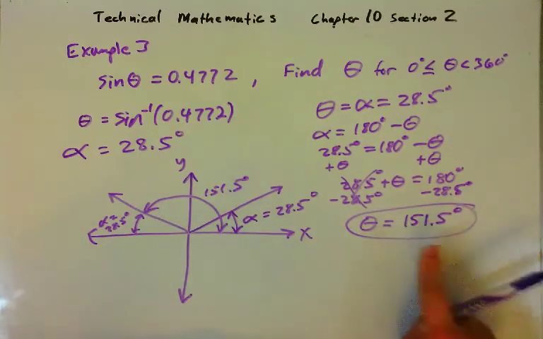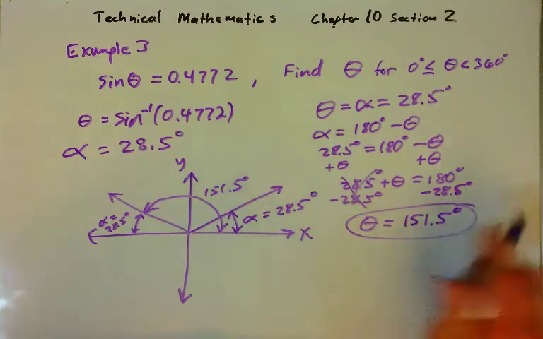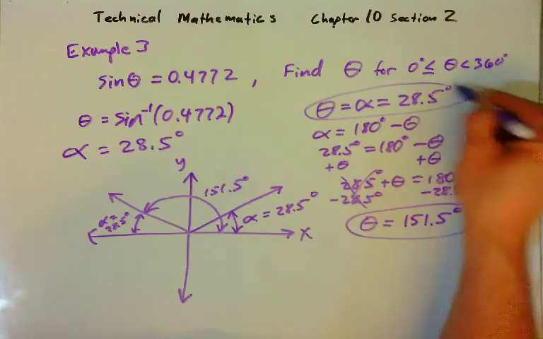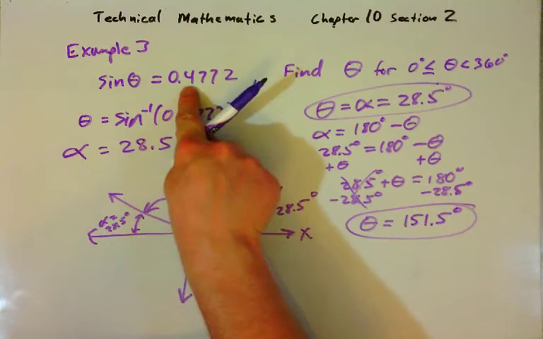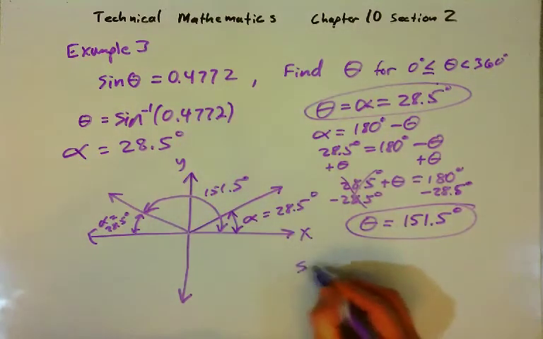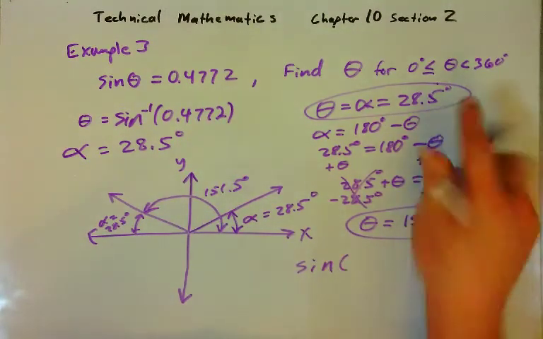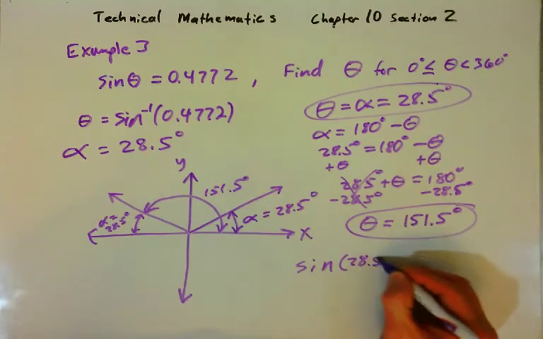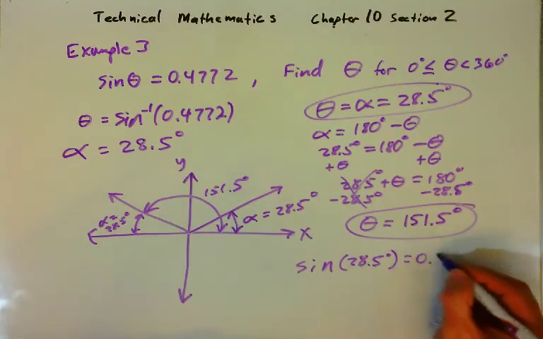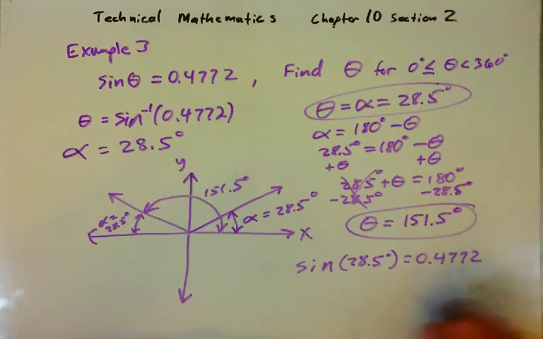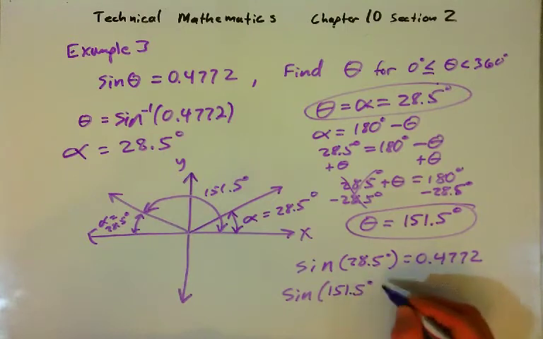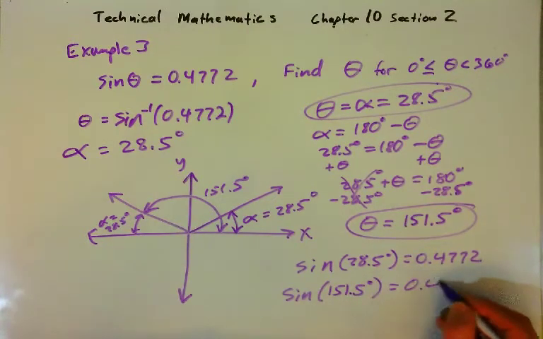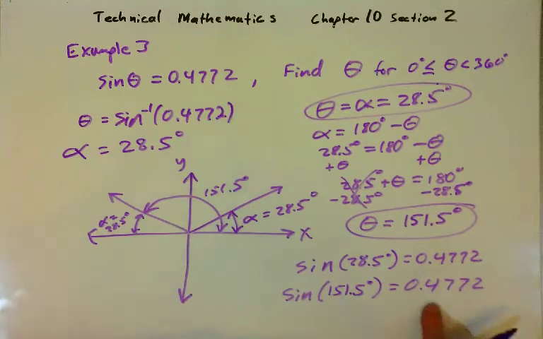And so there's two answers. Theta is either 151.5 or theta is 28.5. And so we're saying that the sine of theta is equal to 0.4772. We're saying that the sine of 28.5 is equal to 0.4772. But we're also saying that the sine of 151.5 is also equal to 0.4772.